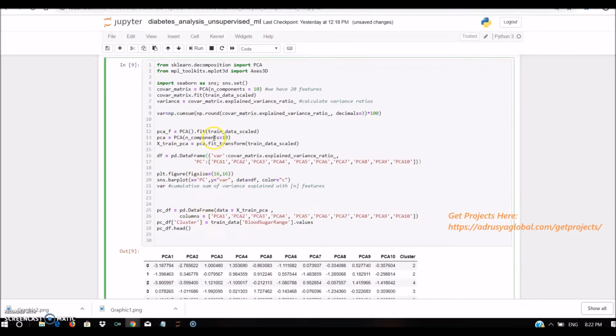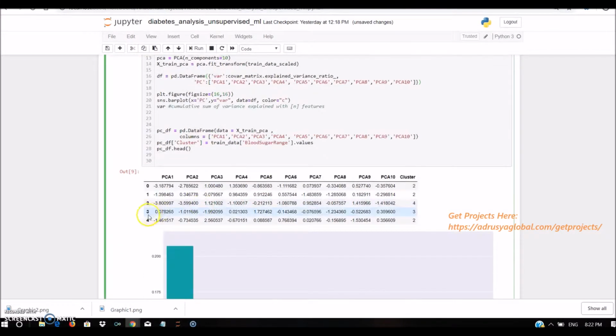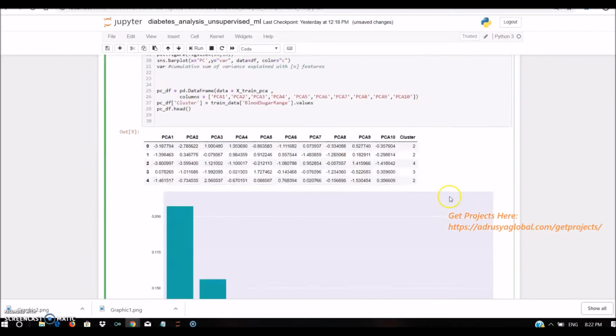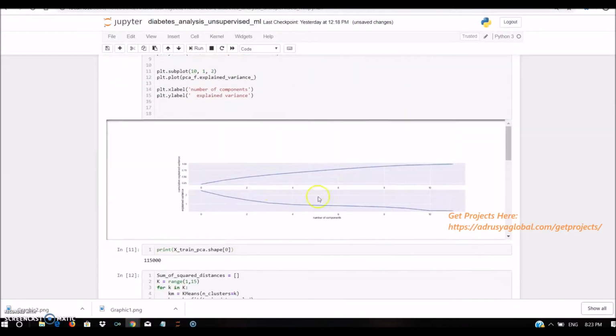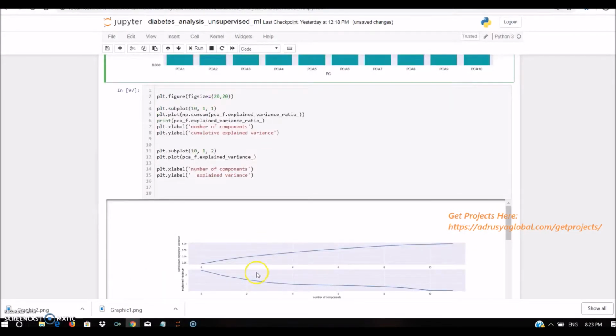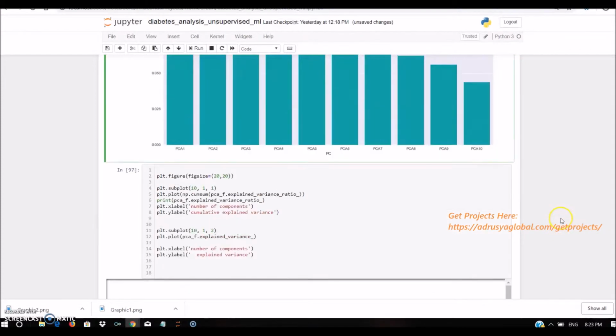To know the number of components, we first look at the explained variance graph, which tells us that about 10 components is reasonably good for us, and over 90% of our data can be explained by using the 10 components of PCA.